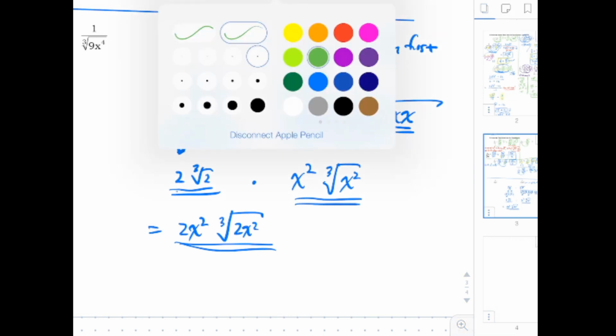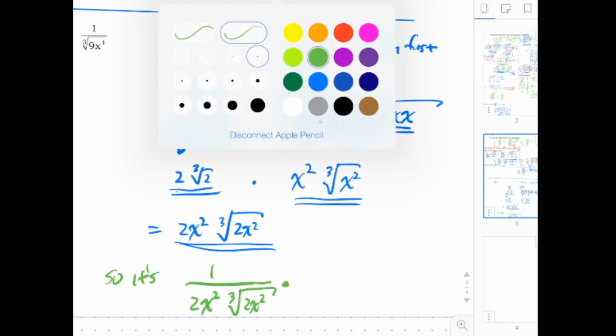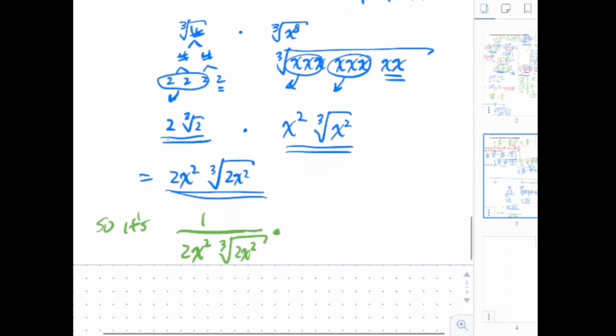Now remember, we had this as a fraction. It was 1 over that. So 1 over 2x squared times the cube root of 2x squared. So after simplifying the radical, you get to here. Now comes the question of how to get rid of that cube root in the bottom.